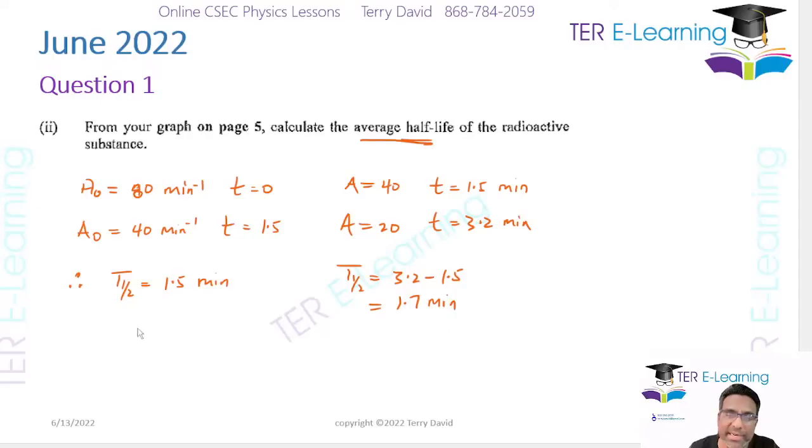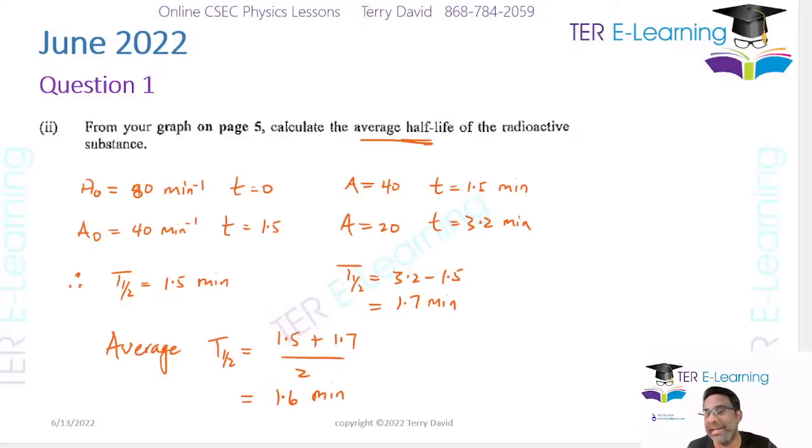Now the question asks for average half-life, so in my case I did it twice: 1.5 plus 1.7, divided by 2. And I'm going to get about 1.6 minutes as my half-life. So it's something like that they want us to do.